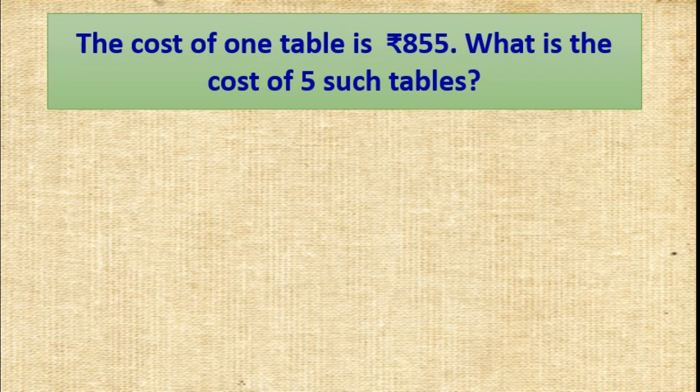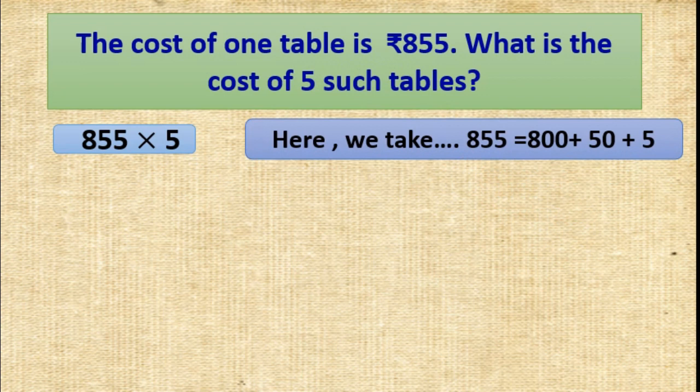Okay, what is the cost of 5 such tables? Here we are going to carry out the multiplication, isn't it? Here we are going to do 855 multiplied by 5. And we will write this 855 into 800 plus 50 plus 5, means in the expanded form.